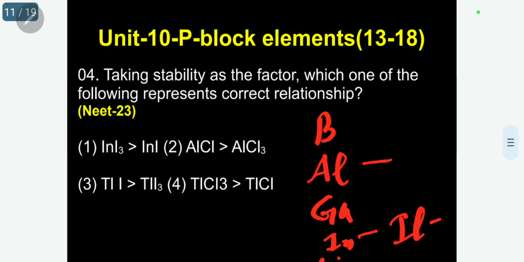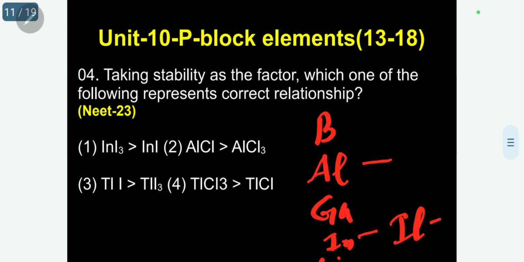Let me explain now. Generally, regarding stability of oxidation states in the boron family, for the higher oxidation state, the stability decreases down the group.